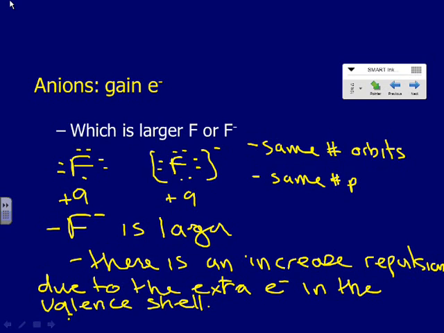This makes, therefore, the valence shell larger. Okay? All right?